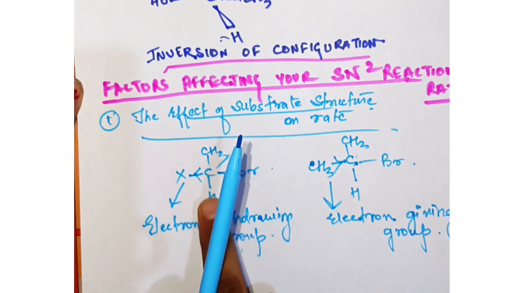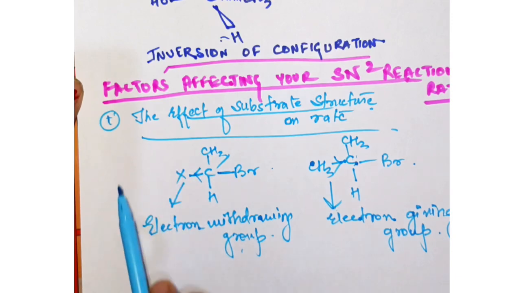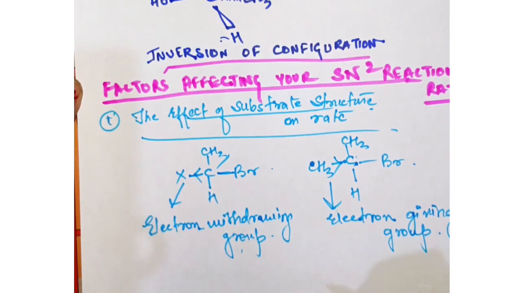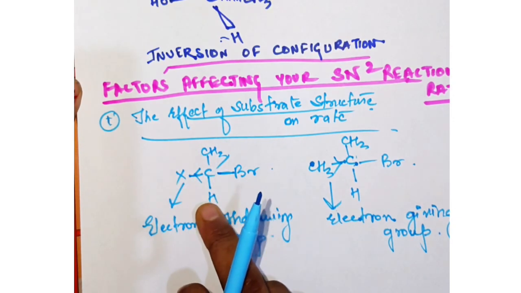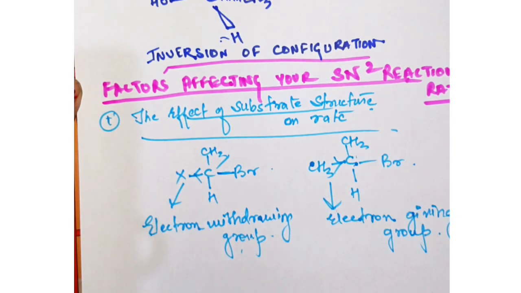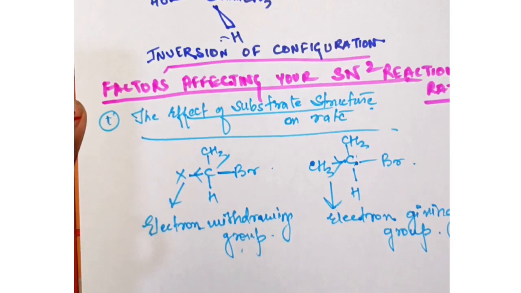Because it is a one step process, the nucleophile cannot attack from the backside very easily. So those which do not have bulkier groups will go for more SN2 reactions. So the steric factor is very important. If steric hindrance is more, it will not go for SN2 reaction. If steric hindrance is less, then only it goes for SN2 reactions.